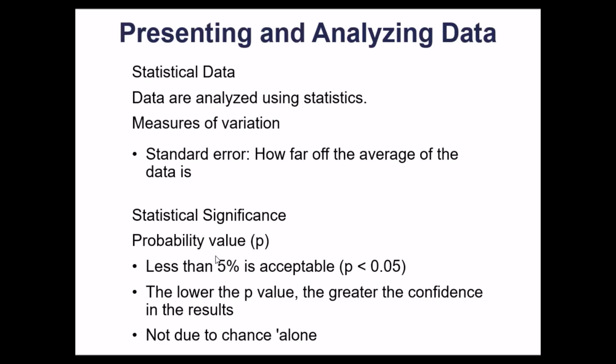That kind of gives you your confidence rate. In other words, you're 95% confident that your data is actually explaining the results, and that there's only a 5% or less chance that your data is incorrect, that maybe your data is just due to some kind of chance or randomized event.